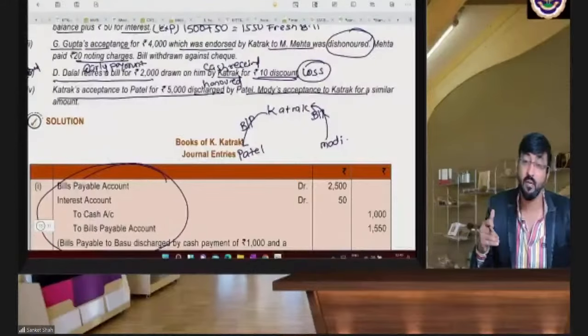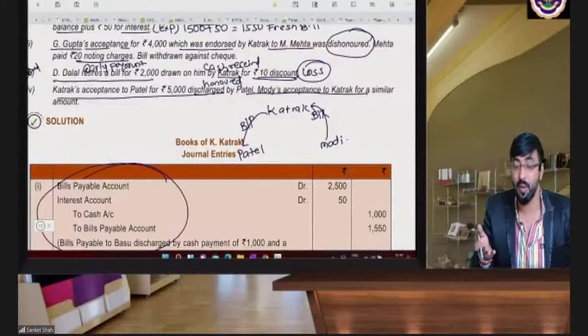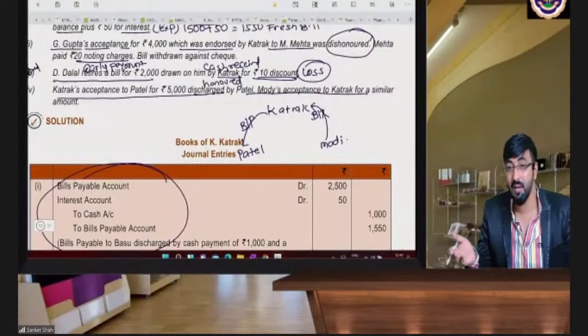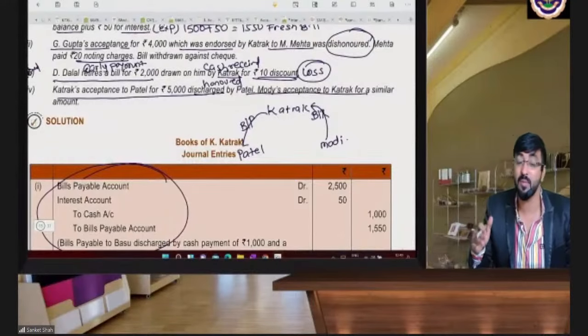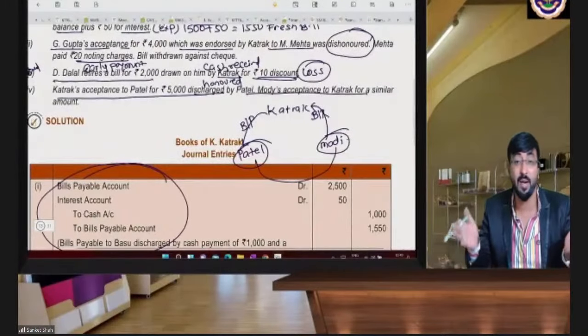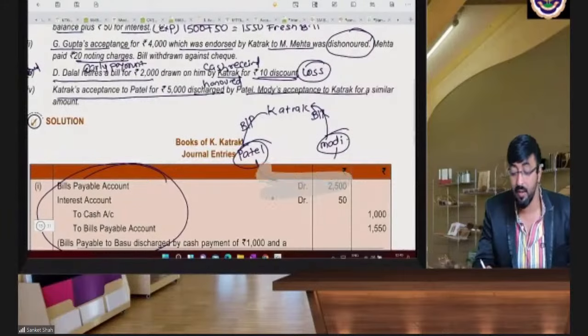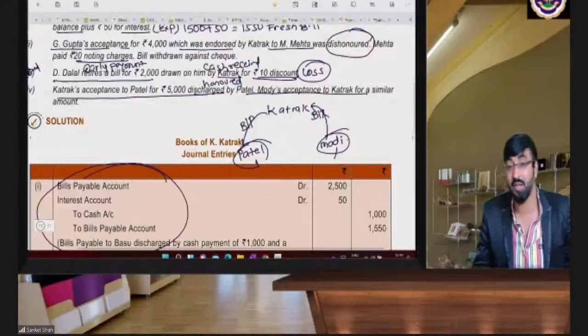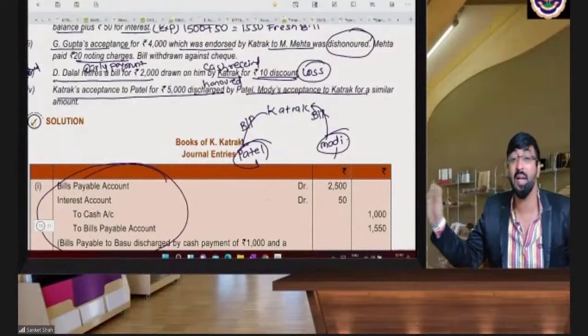Katrak has given some acceptance to Patel, and Modi has given the acceptance to Katrak. Now Modi requested Patel, see, I will pay you in future, or there might be some transaction between Patel and Modi. We are not aware of this transaction, but Patel is saying, don't pay me, and don't take any amount from Modi.